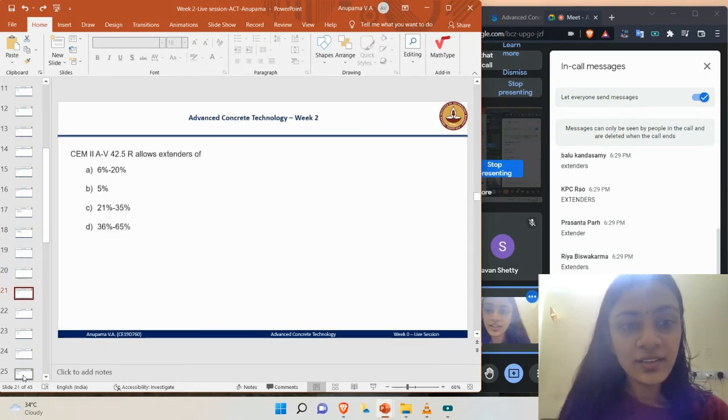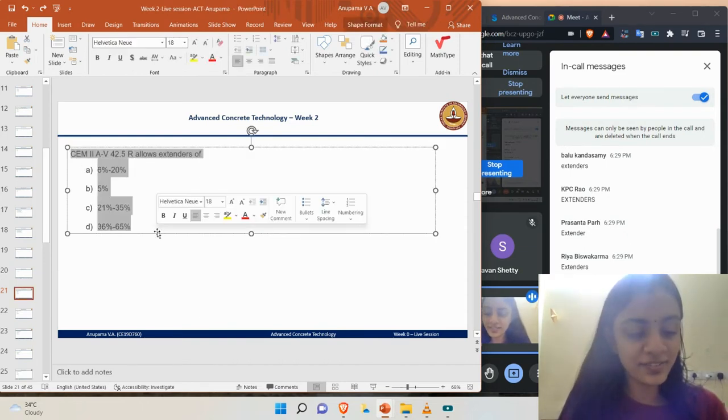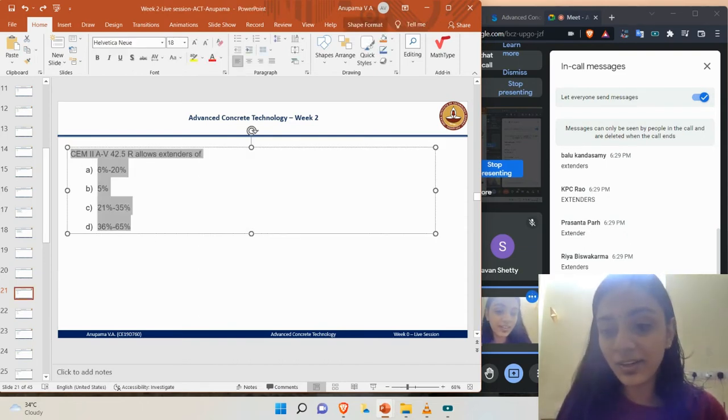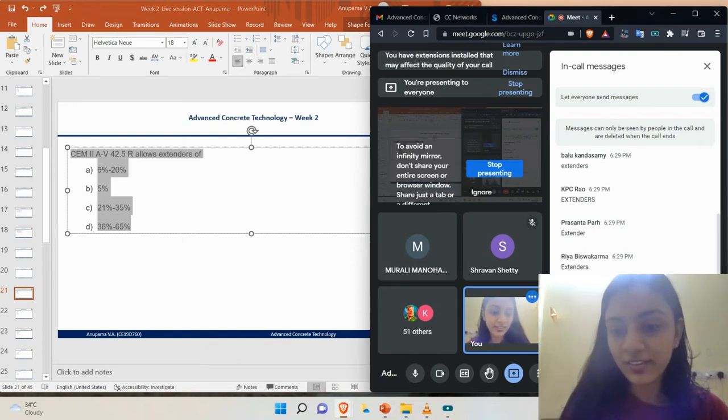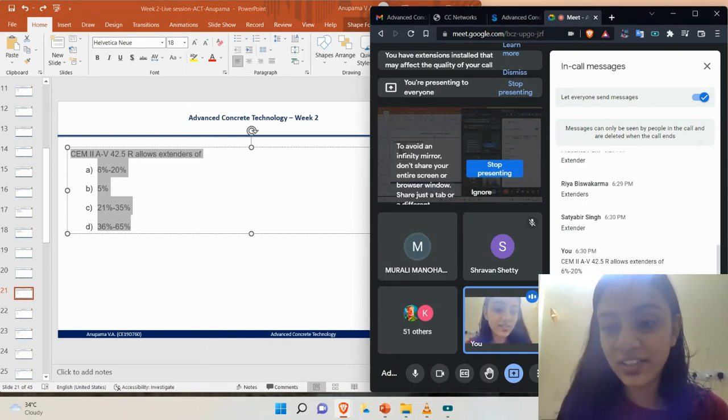Okay, so moving on to the EN classification. We know that there's a particular way of naming or terminology for cements in EN classification. So the question is available here.